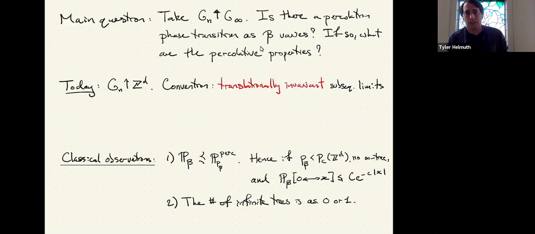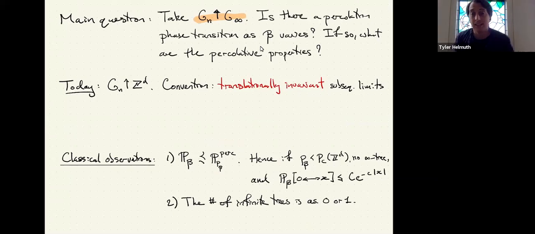So for the main question, I think the perspective of the bond percolation is the most useful. So the question I want to ask is, if I take some set of finite graphs increasing to some infinite graph G infinity, is there a percolation phase transition? As you vary beta, of course. And if there is, what are the properties of this transition?